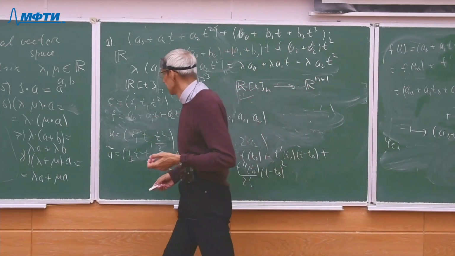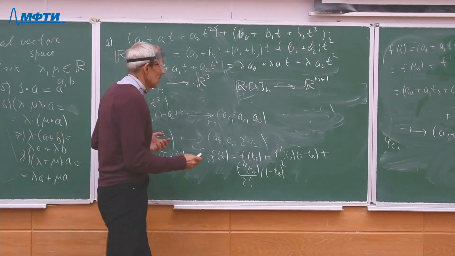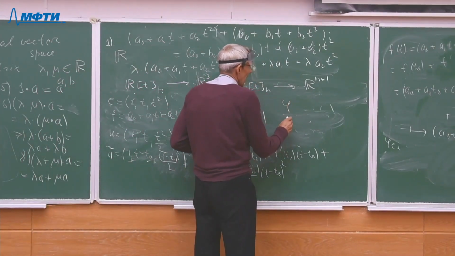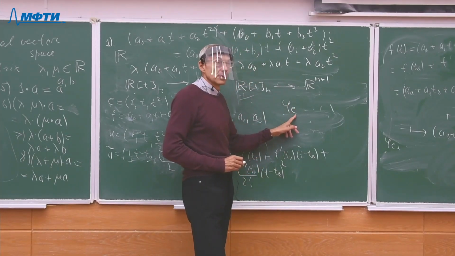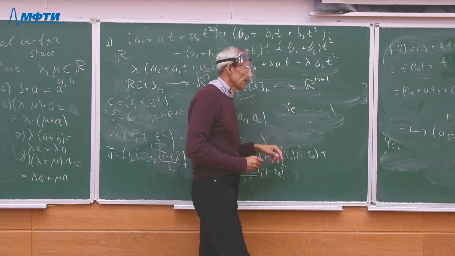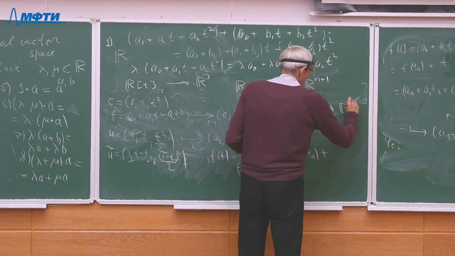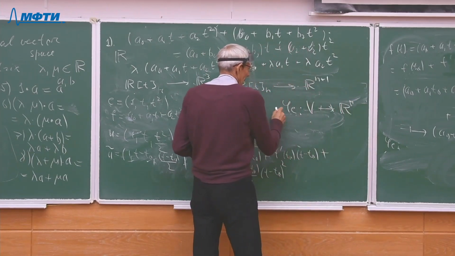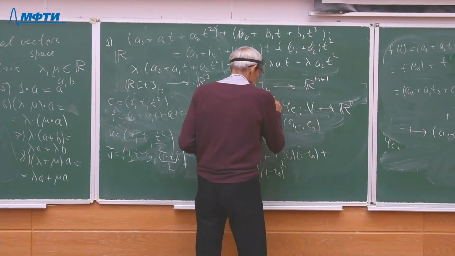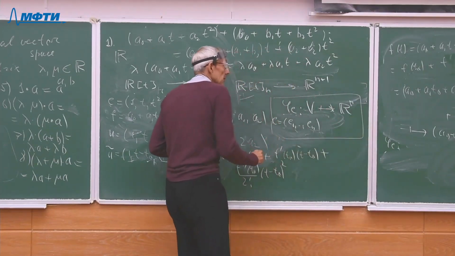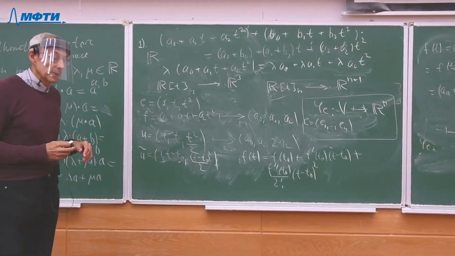And we stress this fact using the notation pi sub e, where e denotes the basis. I recall the basic fact of vector space theory.